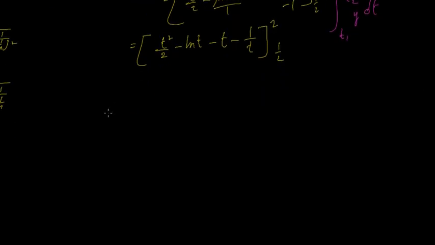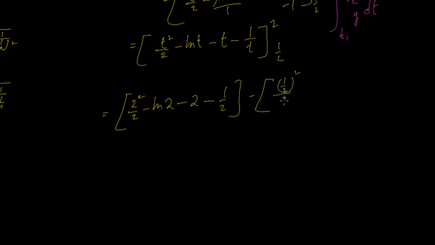Let's put the value of 2 first. This would be 2 squared by 2 minus ln 2 minus 2 minus 1 by 2. Now we put the limit of half: half squared by 2 minus ln half minus half minus 1 by half. So this would be 4 by 2 is 2, minus ln 2, minus 2 minus half.